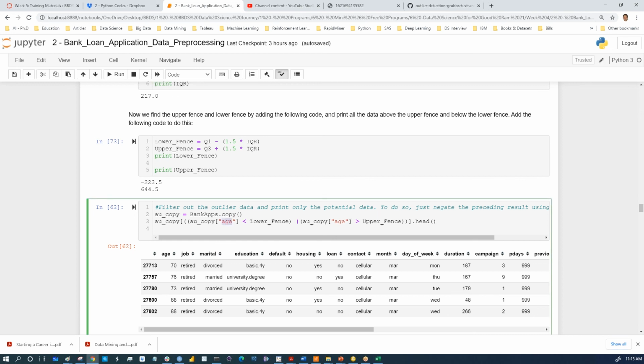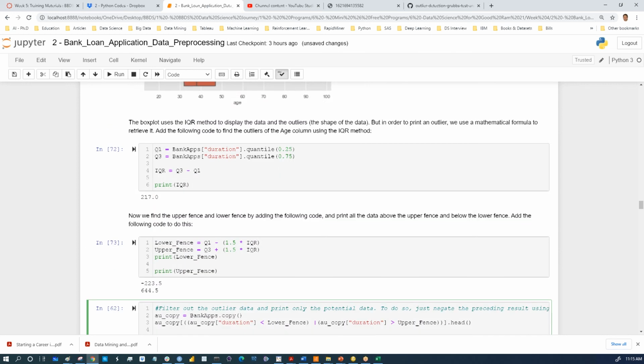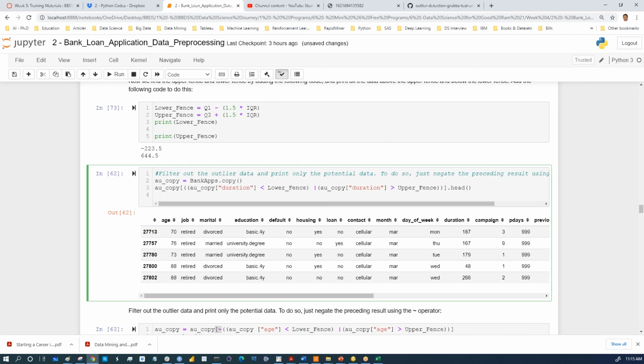Now let's delete them. By default, we determine these outliers by simply calculating how far they are from the max whisker and how far they are from the minimum whisker.